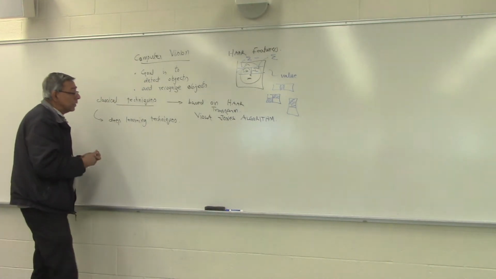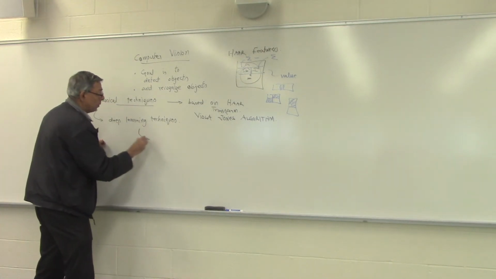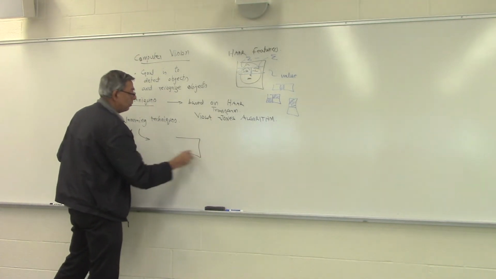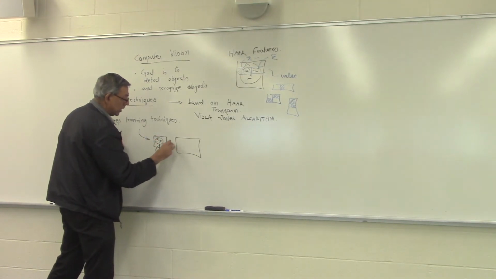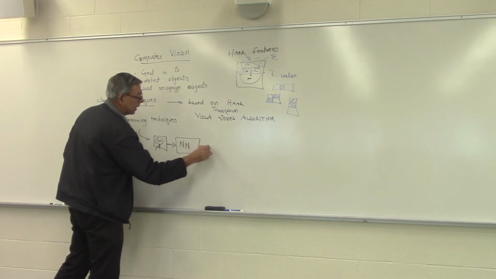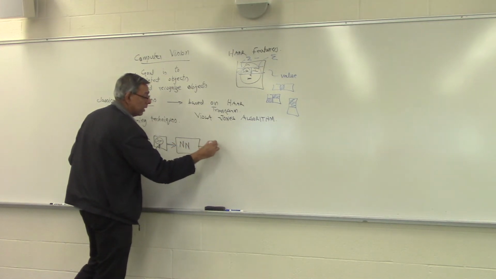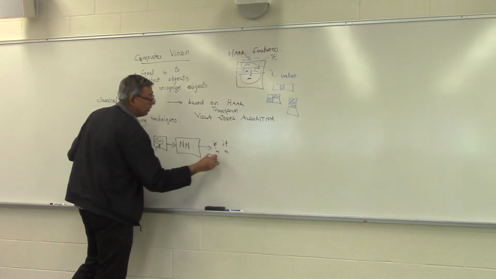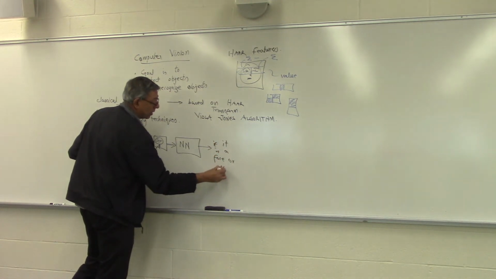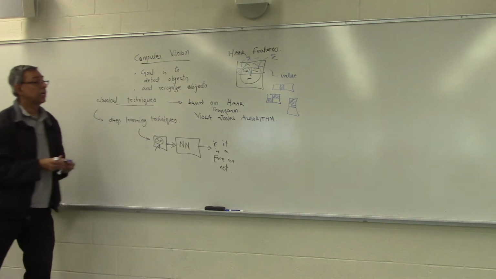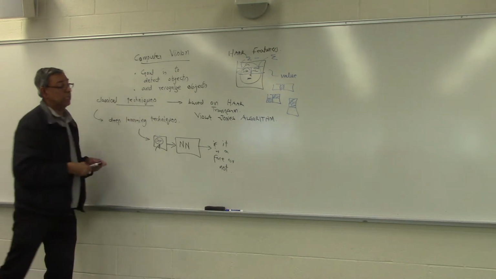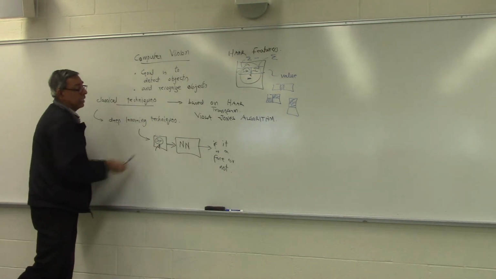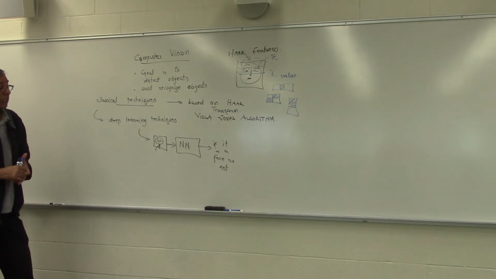Now, using a deep learning technique, what we can also do is feed in an image, so here's some image, to a neural network, and the neural network can decide if it is a face or not. Hopefully towards the end of the course, once you have learned this, and I'll show you the code for this, you will create your own network to be able to detect the face.